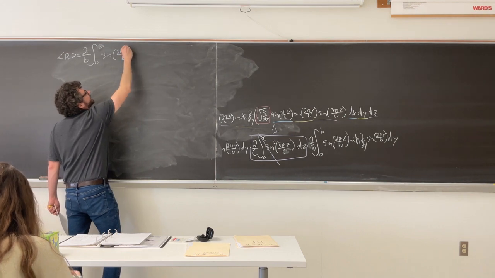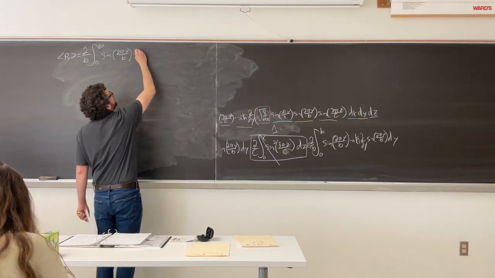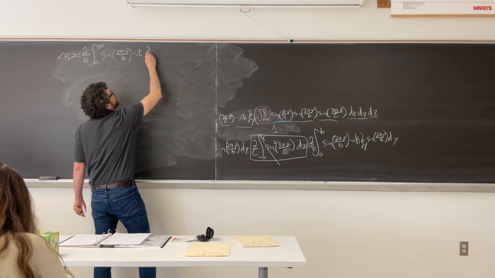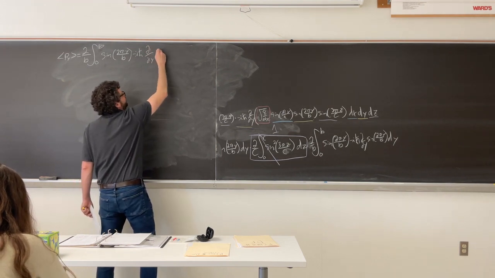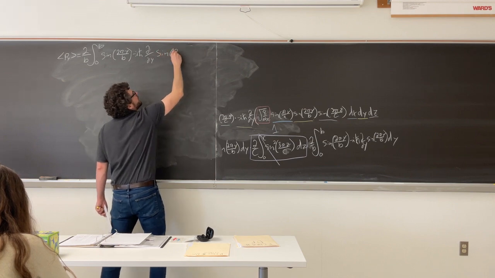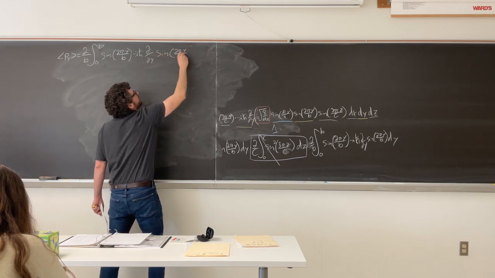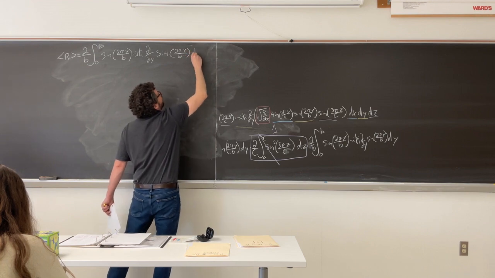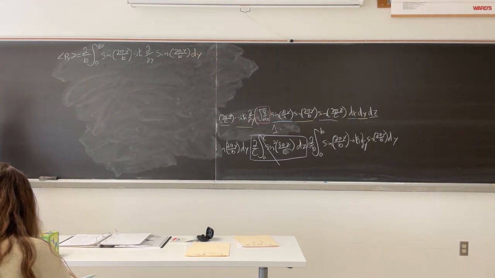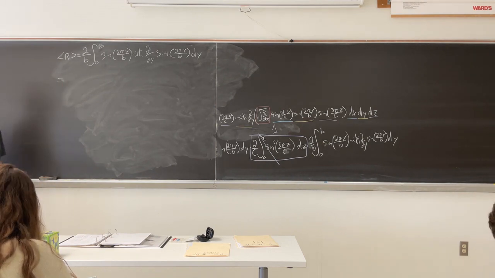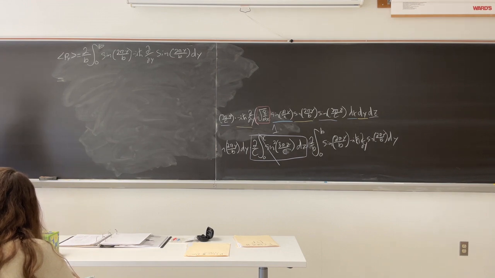I'm just rewriting it so it's easier to see. Okay, now it's just mathematics at this point. What do we need to do first? Or what would you suggest to do first? Yep, we could do that partial derivative.